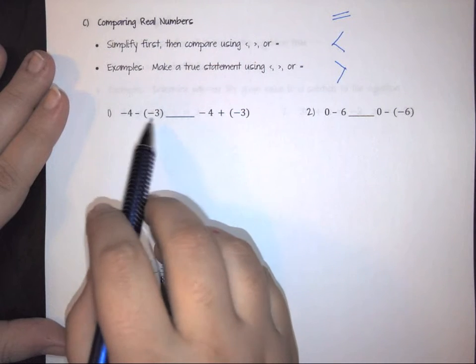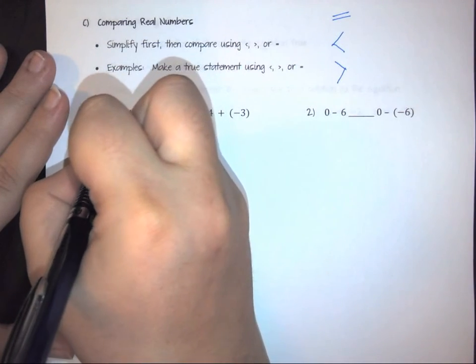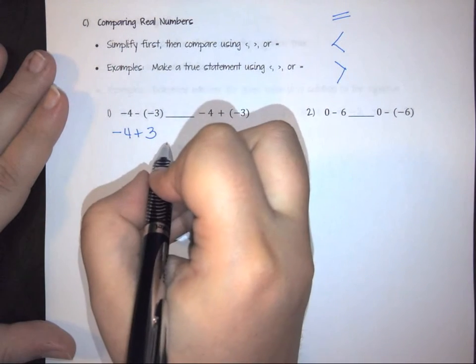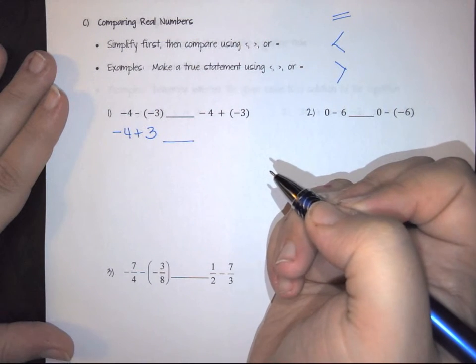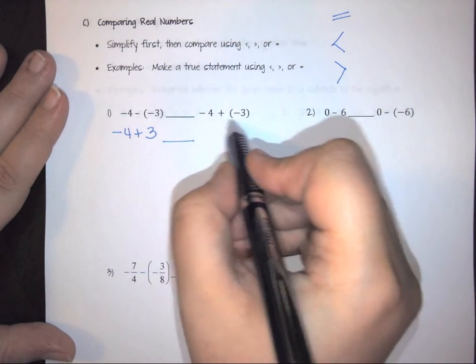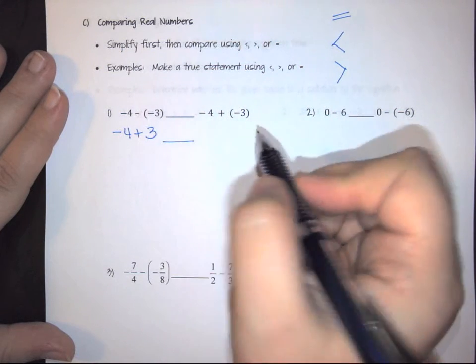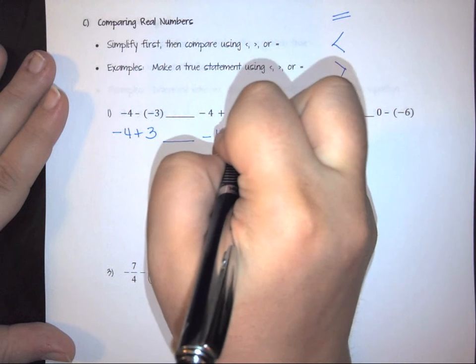So on the left hand side, to start with, we have minus a negative. So automatically this becomes negative 4 plus 3. Now we don't know what that is, so I'm going to input my little space. And then on the other side I have plus a negative, so this is the same as thinking about negative 4 minus 3.